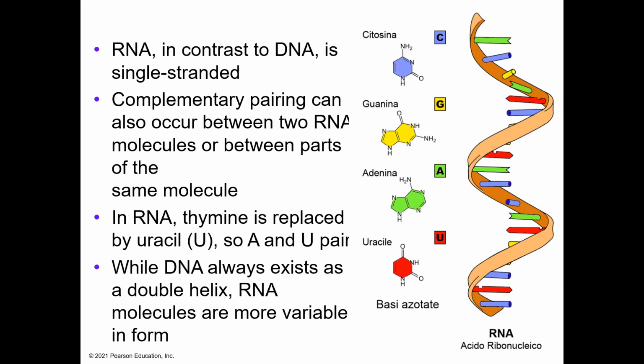RNA is different from DNA in that it's not a double-stranded molecule, it's a single-stranded molecule. And instead of thymine, RNA has uracil. So uracil is a different base, and thymine is not found in RNA.